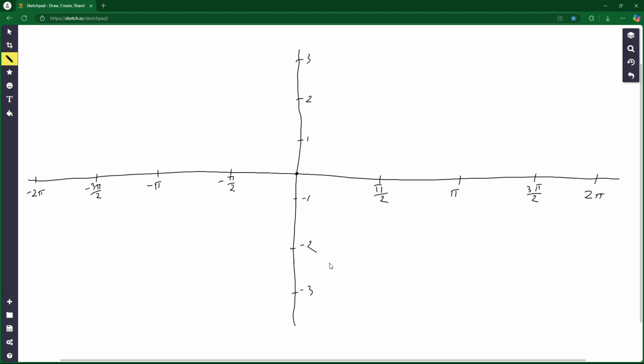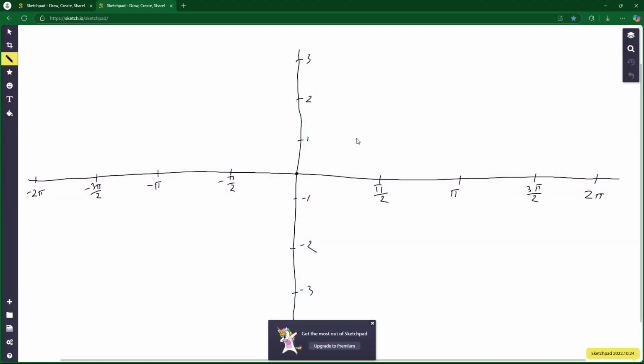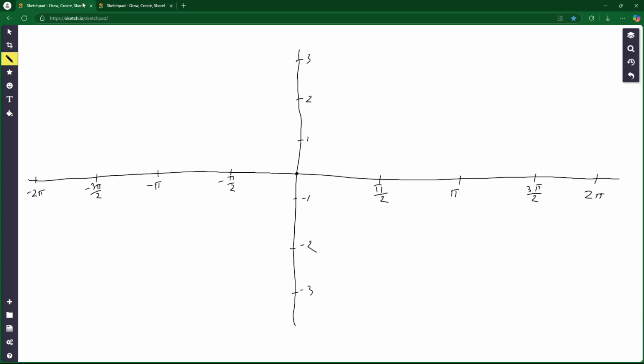Let me just open up a new thing here. So our values for tangent, x and tangent x.